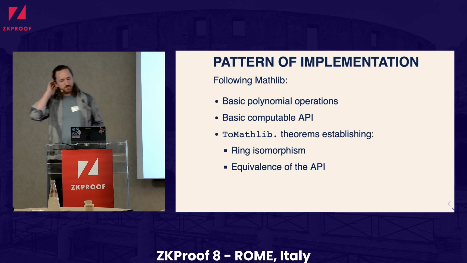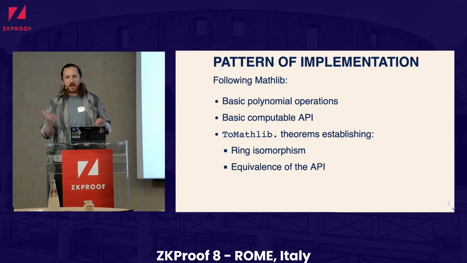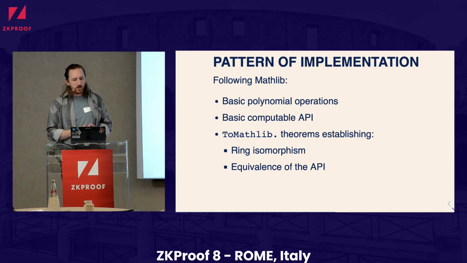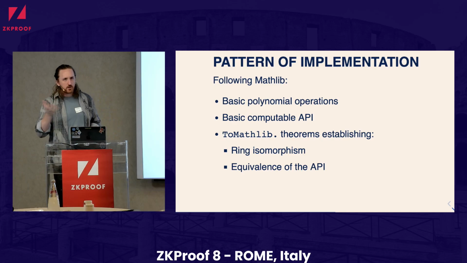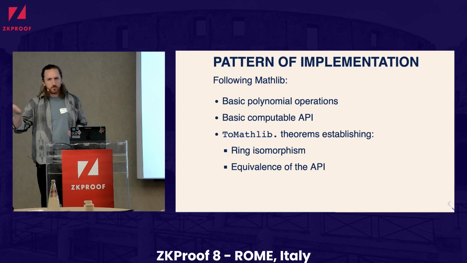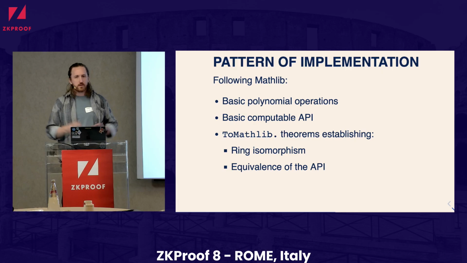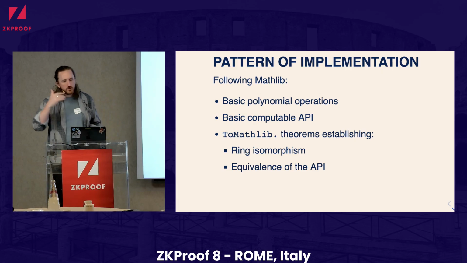Okay. So I've just shown you the basic definitions of what we mean by the polynomials. The goal here is to have a computable version of the non-computable definitions in Mathlib, so we need the relevant ring isomorphisms. So we have our basic definitions.